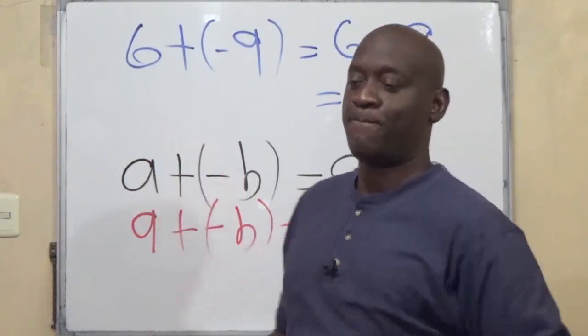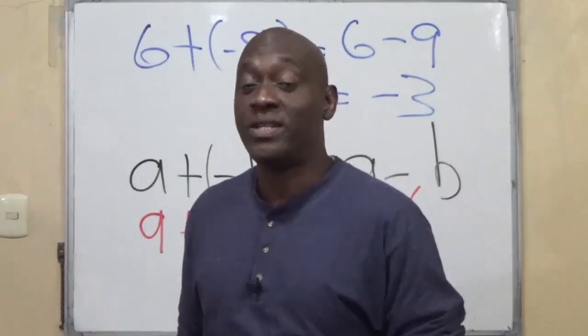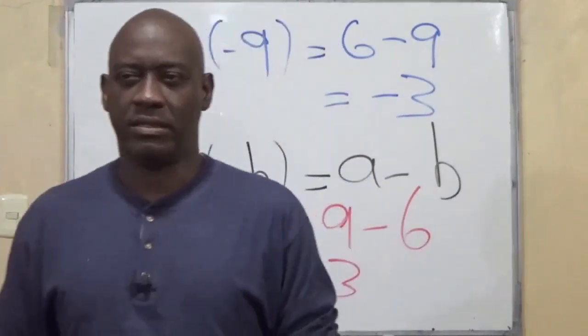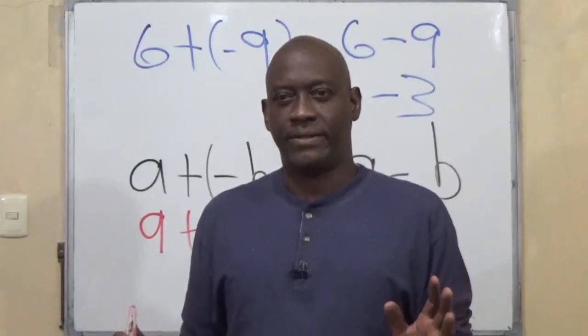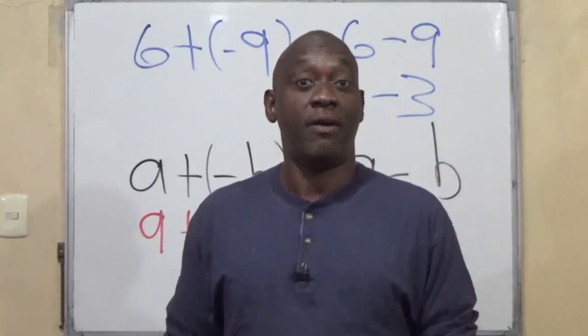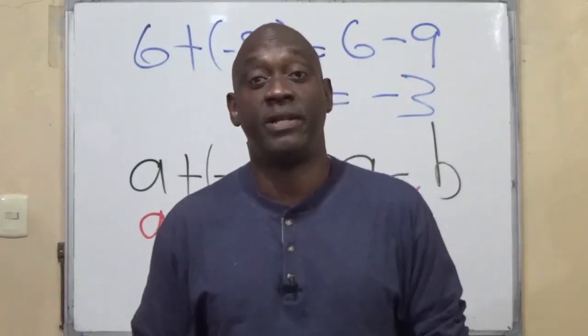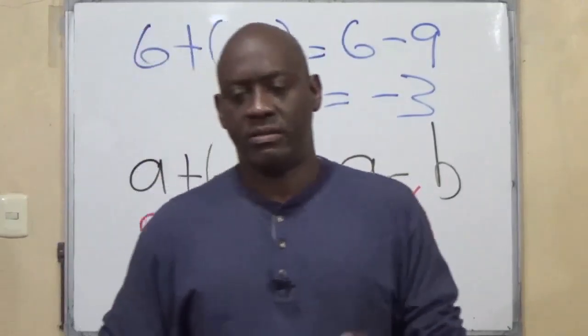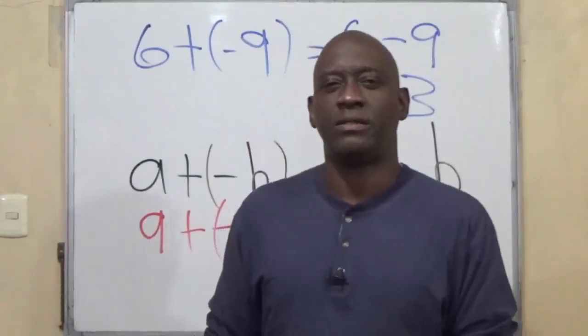All right? On the other hand, consider now the situation where you have a debt of $6. Right? So that will be minus 6. A very good example that most of us would be familiar with is you have an account in the bank and they have these service charges, right?